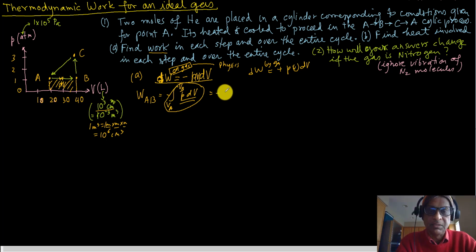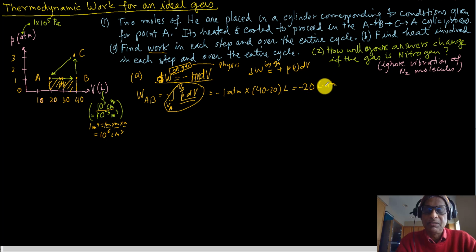This is just 1 atmosphere pressure times the volume change from 20 to 40 liters, so minus 20 liter atmosphere.